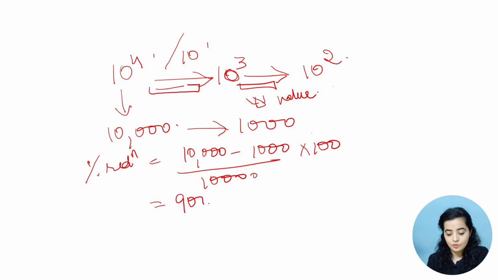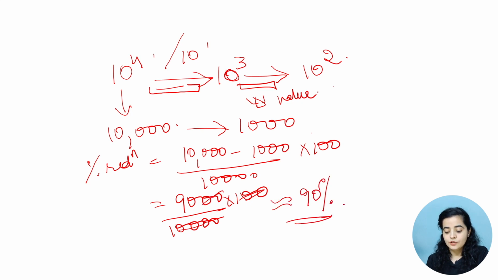So we get 9,000 divided by 10,000 into 100, which is equal to 90%. So hence we say that a 90% reduction is your 1 log reduction, which happens when you want to measure the D value, the time taken for that particular process at a set temperature.